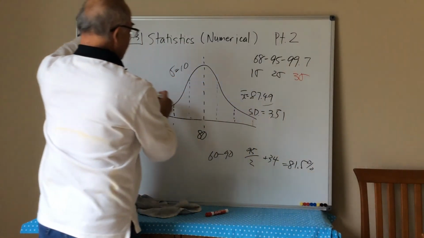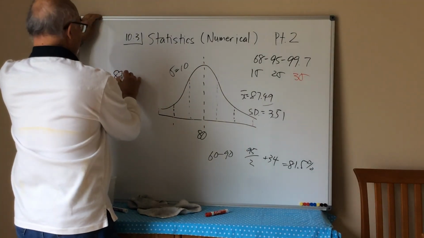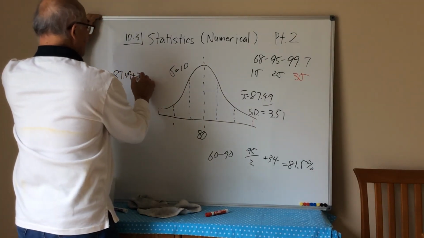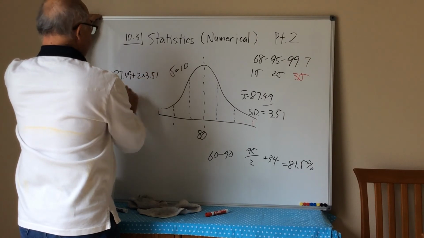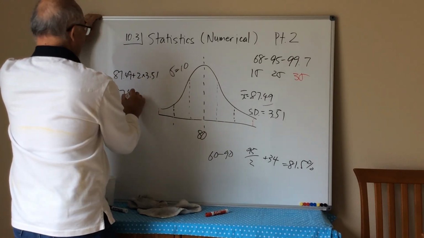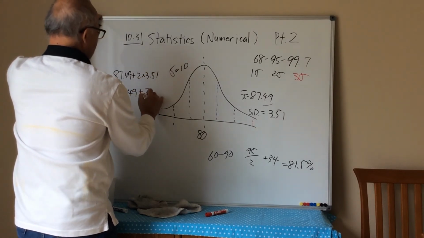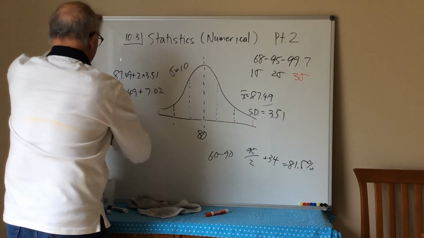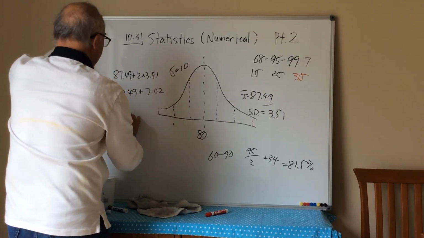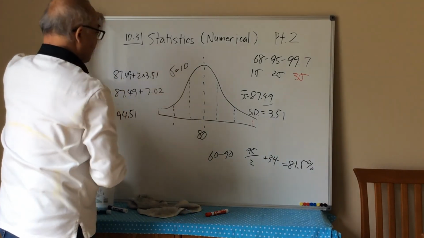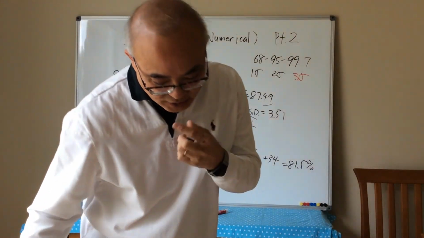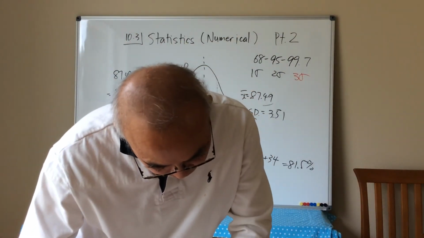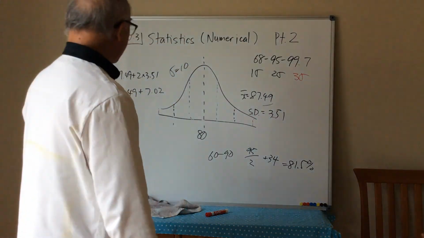That would be 87.49 plus 2 standard deviations, so 87.49 plus 7.02. Add these together, it would be 94.51, right? 94.51.